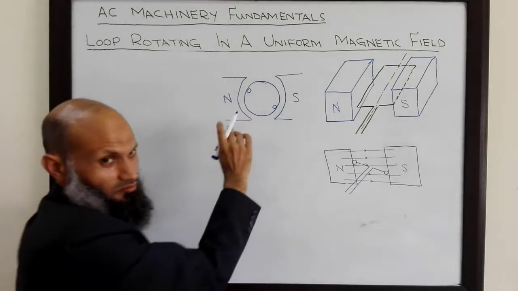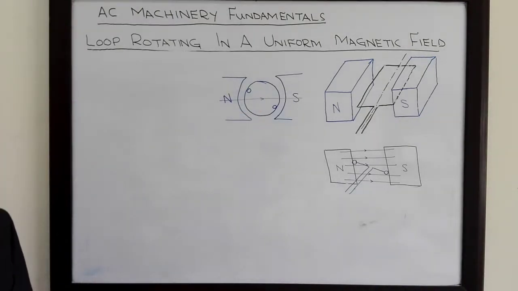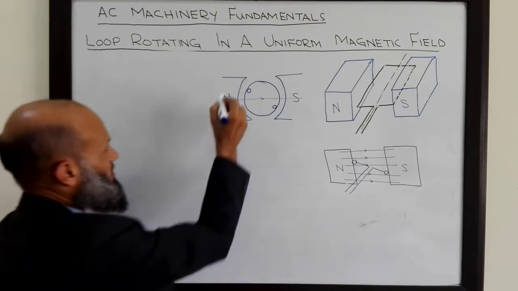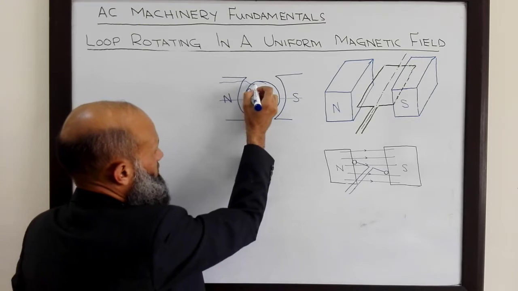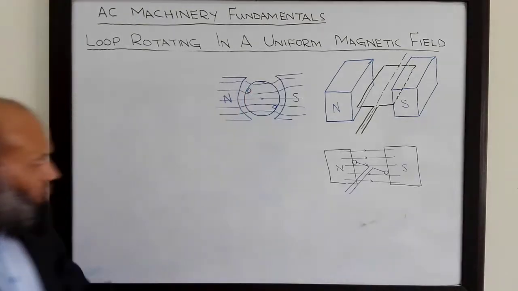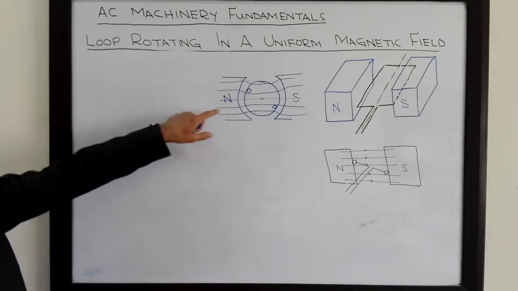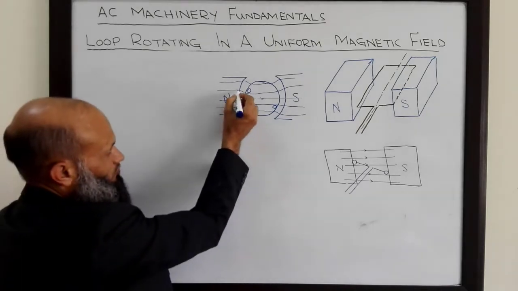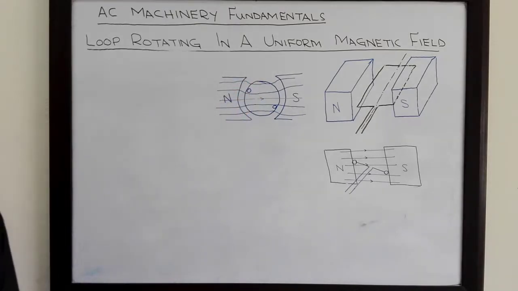So the situation in that case was like this one. The flux lines emerging from the north pole reach the south pole, and the flux lines, as you already know, follow the shortest reluctance path. So this was the path followed by the flux lines. These flux lines were not straight lines, rather they were always perpendicular to the surface of the rotor.